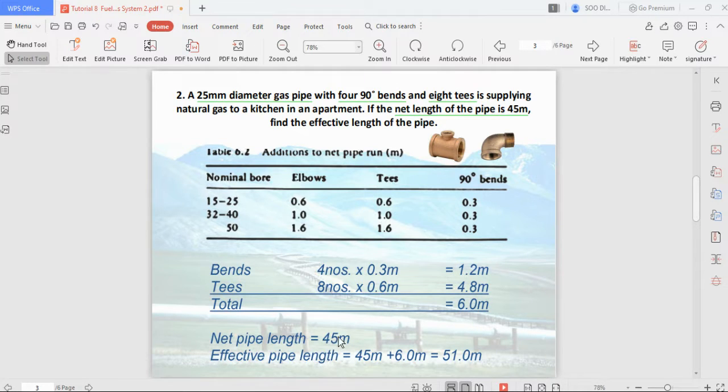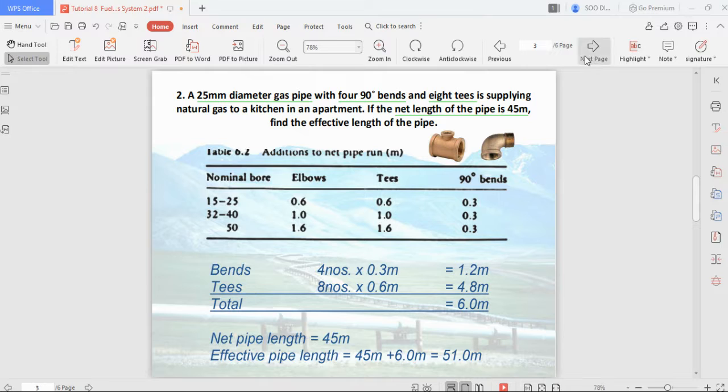So in actual fact, if you were to measure the pipe, you may find that you only have 45 meters, but the real effective pipe length, to apply the Pole formula later, is actually 51 meters due to the additional bends and tees you have.